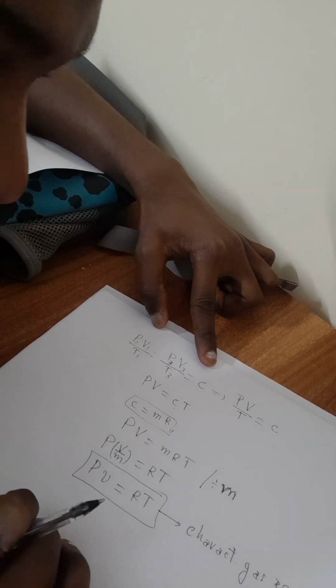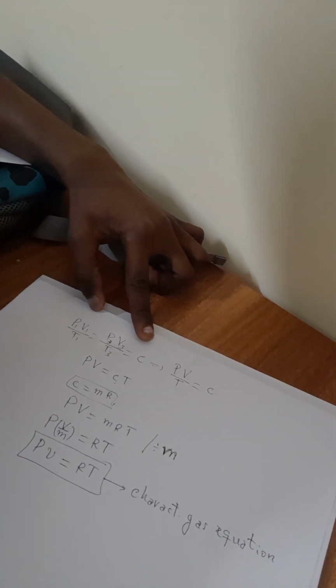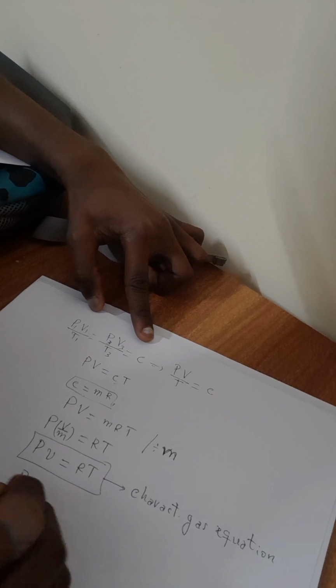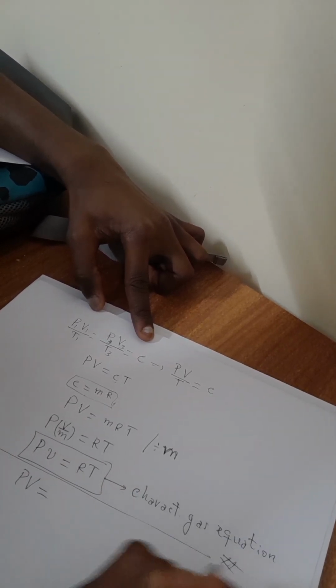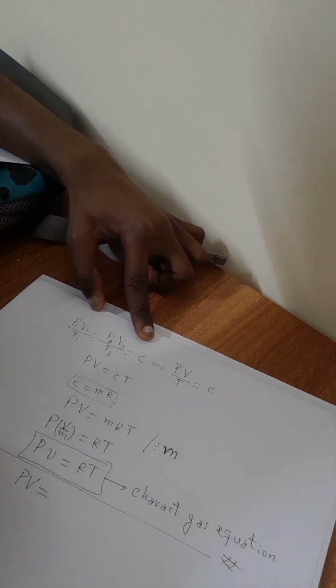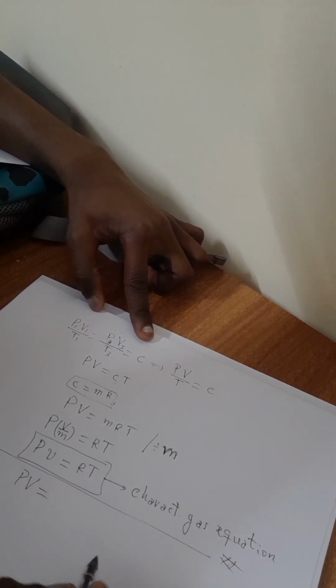There's a difference between the characteristic gas equation and this other equation. So here we are done. Till here it's okay, but there's a difference between the characteristic gas equation and the perfect gas equation.